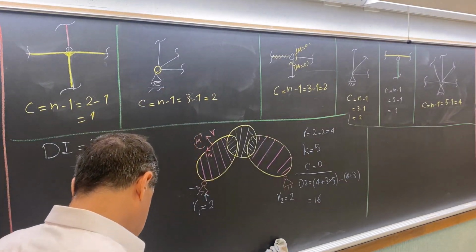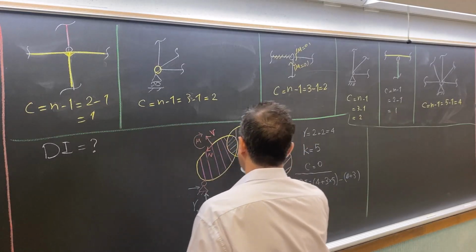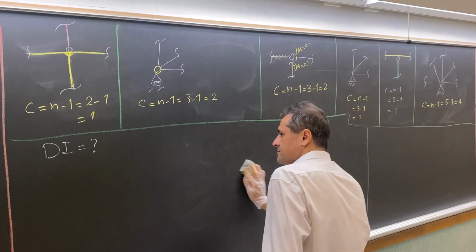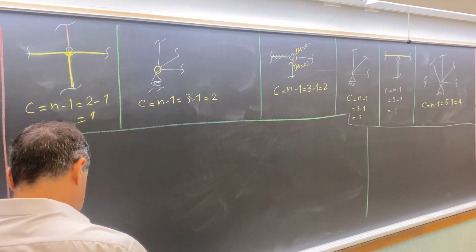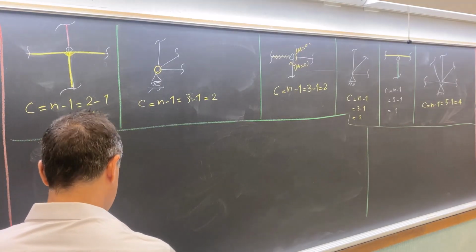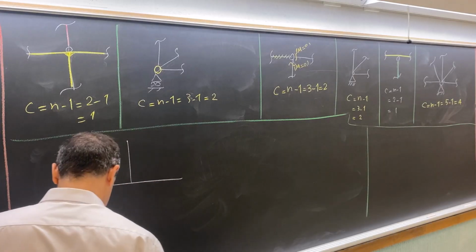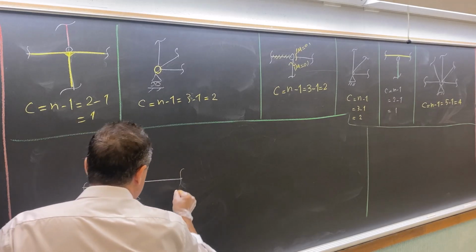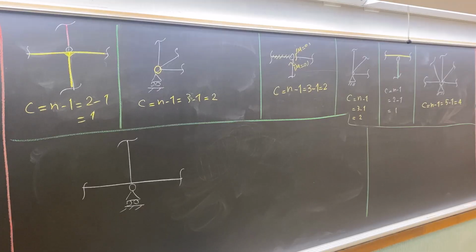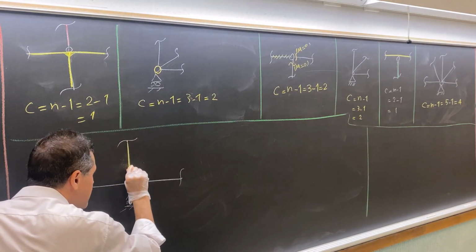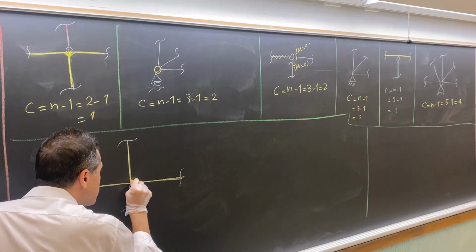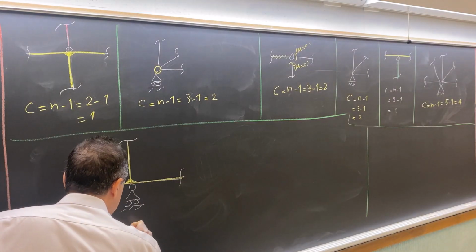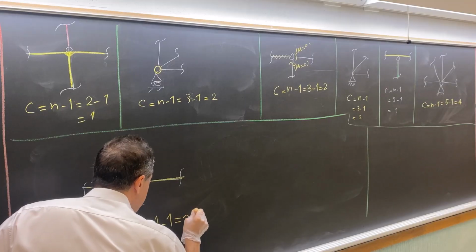And what else? Okay, I erase this part. What about this? How many elements? Yes, 1. Because basically this part is welded, but they don't show it. So C is n minus 1, 1 minus 1 is 0.